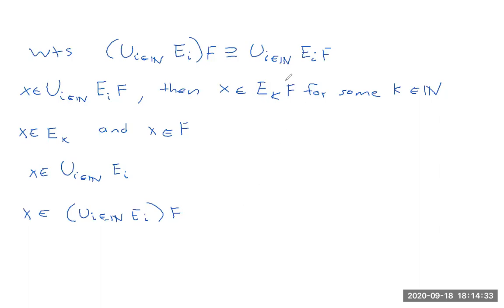So we have shown what we wanted to show. So we have shown that whichever way you pick x to be a member of which set, both sets are subsets of each other. When two sets are subsets of each other, then they are implied to be equal, proving the desired property.